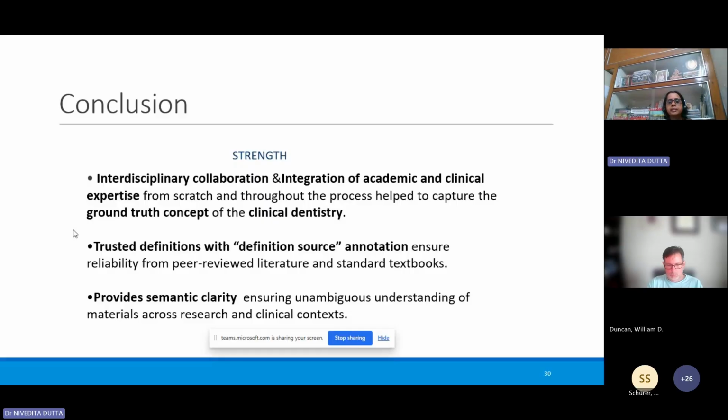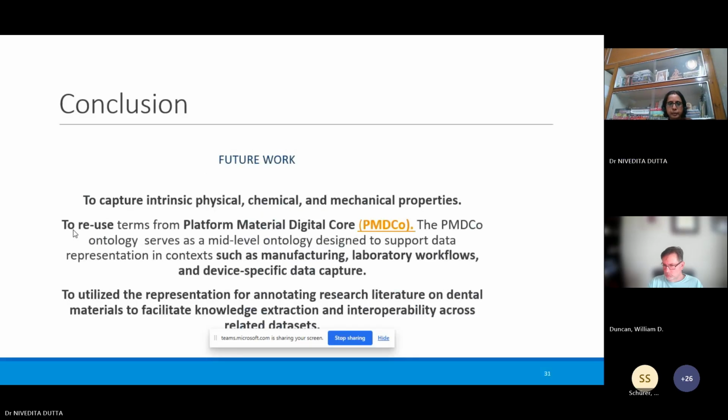The trusted definitions with definition source annotations ensure reliability from peer-reviewed literature and standard textbooks. It helps to remove the ambiguity of terms and provides semantic clarity, ensuring unambiguous understanding of the materials across research and clinical contexts.